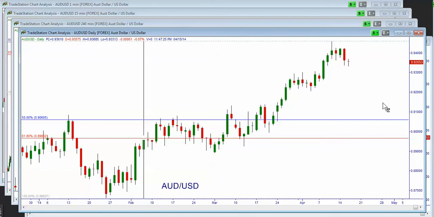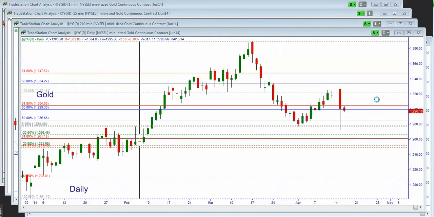And then there we're going to see how this market is going to behave. Consider that this market might be doing the same thing that the dollar did almost 1 month ago.